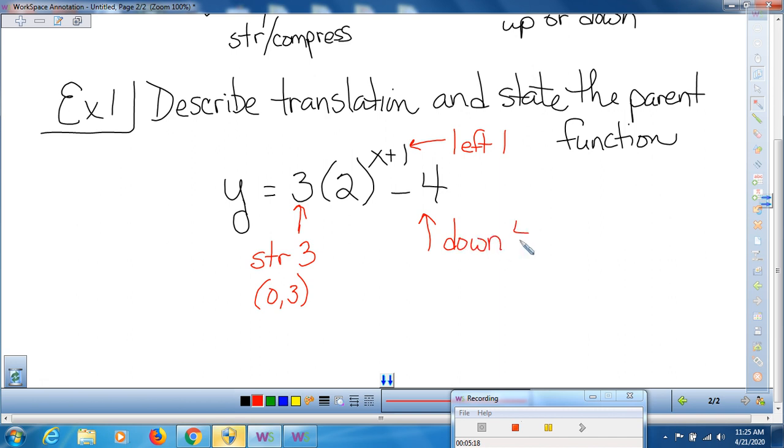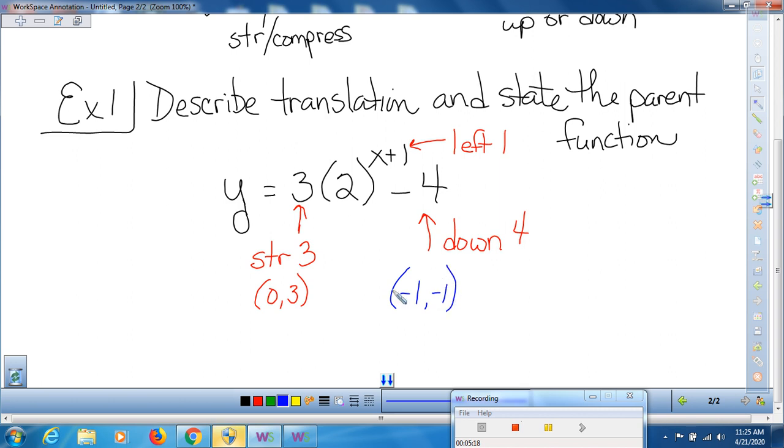4. So now let's go back and look at this point we have here. Originally, this would have crossed through 0, 3. However, if we move to the left 1 and down 4, our new point, if I go to the left 1, that's going to be negative 1. And if I go down 4, 3 minus 4 is also going to be negative 1.